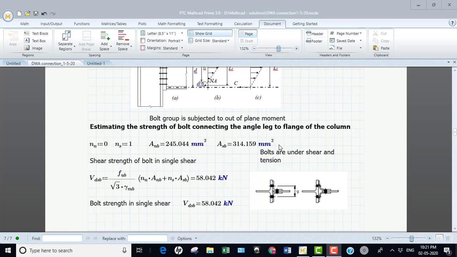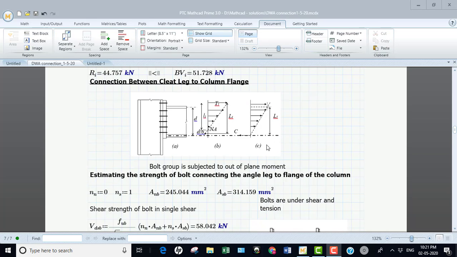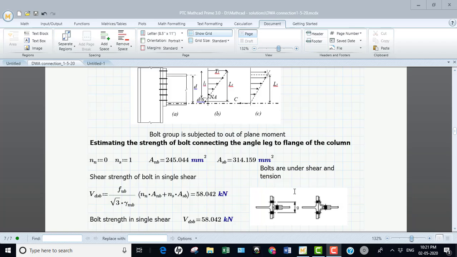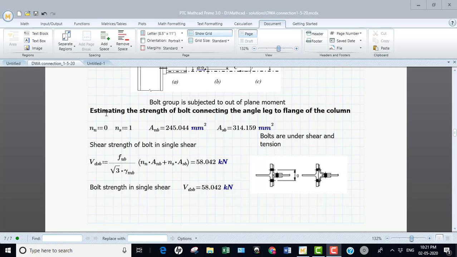Before checking the resultant force, I'll check the bolt capacity. Here the shearing plane will be single, so we look at the capacity of the bolt under single shear condition.